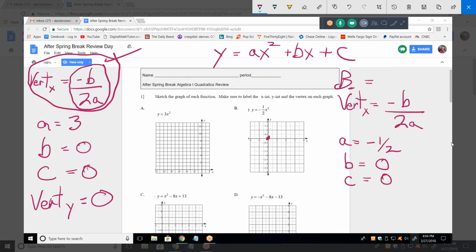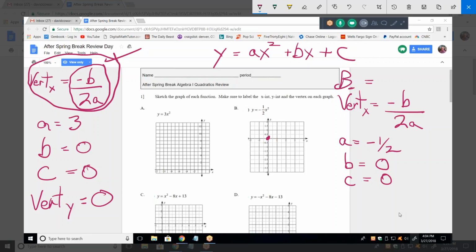Now, does this parabola open up or down? It goes down. Correct. Now, let's see if we can find one other point. I know the parabola goes down, but just like the last problem, I don't know whether it's skinny or fat.